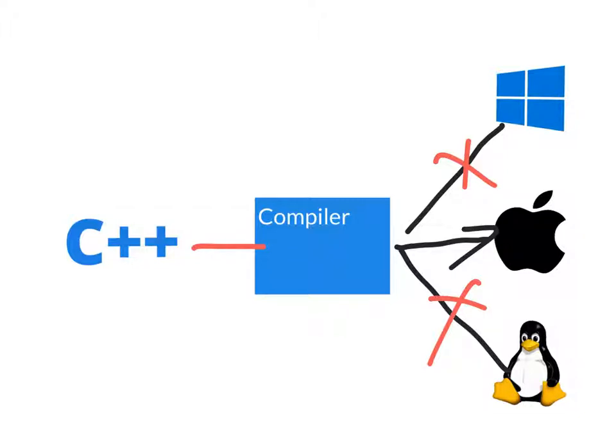Now, this makes them faster because A, compilers take all the code in at once, whereas translators do it line by line. And B, because if you are making something specifically for a chipset and an operating system, then it is going naturally to be faster. So say you want equipment to be streamlined and made just for you.